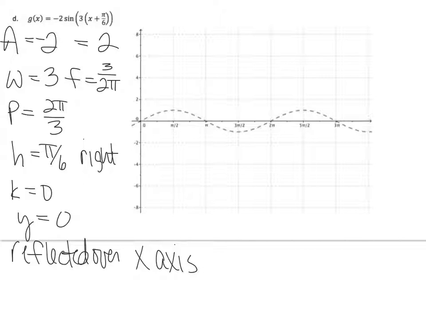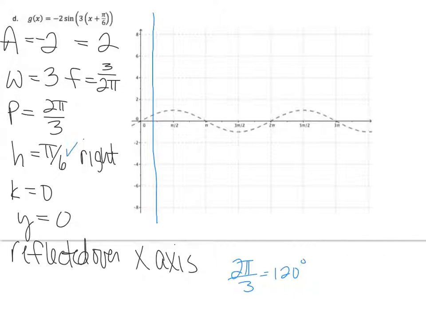Okay, our period is 2 pi over 3. Alright, so our midline is y equals 0. We are phase shifting pi over 6 to the right, so it's a hard one to estimate on this graph. About right there: pi over 6, 1/6 is about 0.2, so pi over 2 would be about 0.5, so we're just a little bit further away from the y-axis.